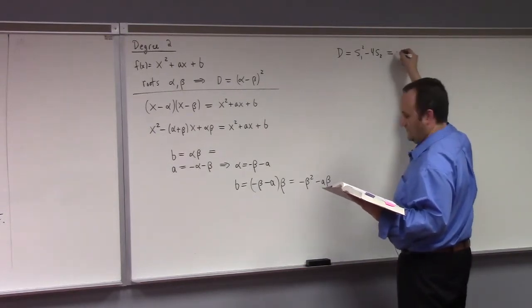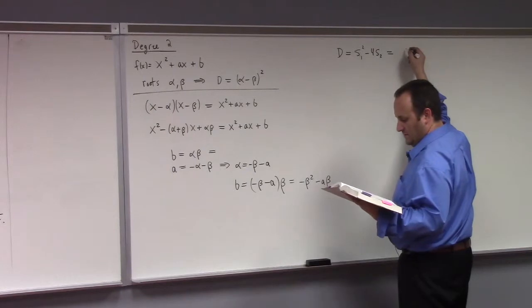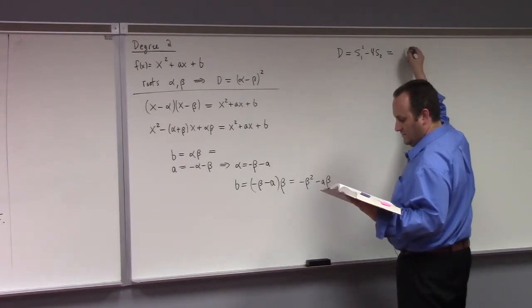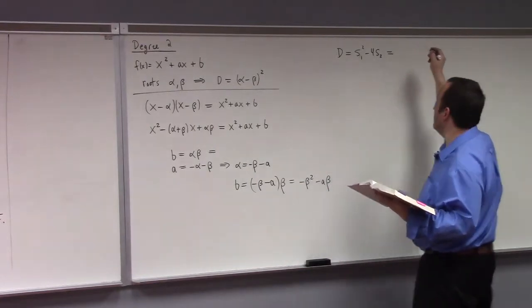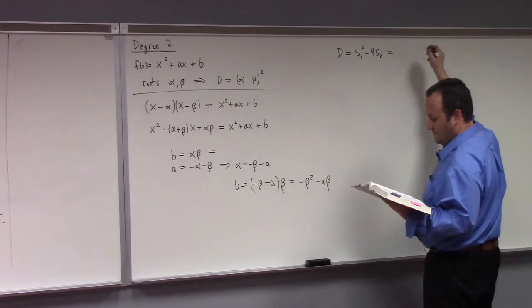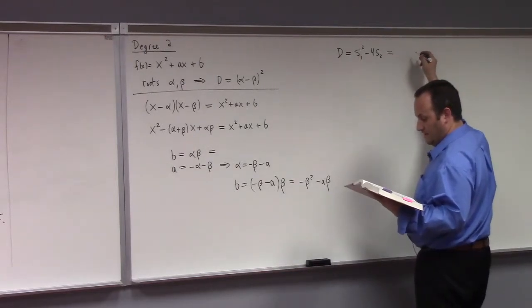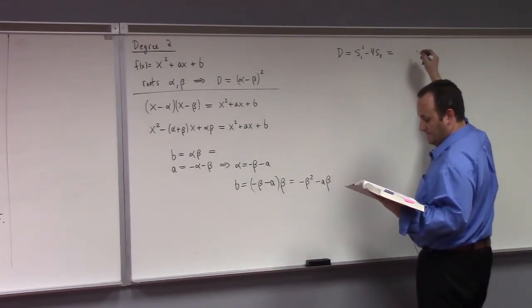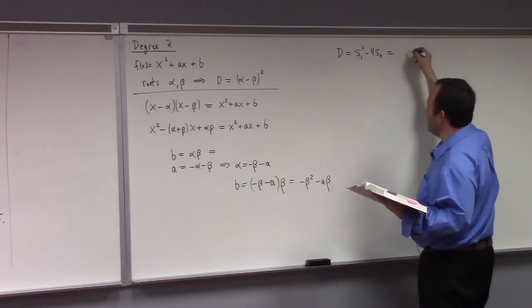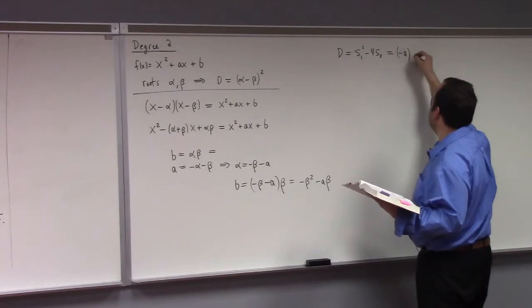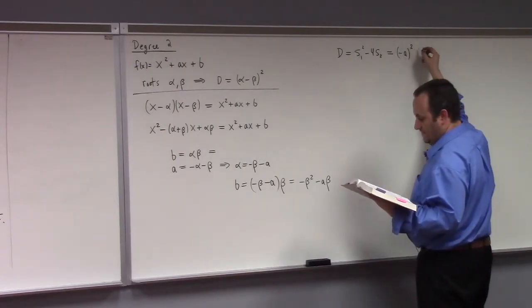Sorry, I'm just thinking, because that's like what's in the quadratic formula. That's like b squared minus 4ac. It looks the same. Yeah, I think they're connected.